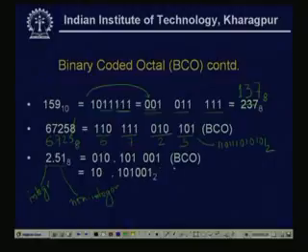So, this is my binary coded octal, and what will be the binary? Again, the one leading 0 is there. So, we just drop the leading 0 and we merge. So, this is 10.101001 in binary.